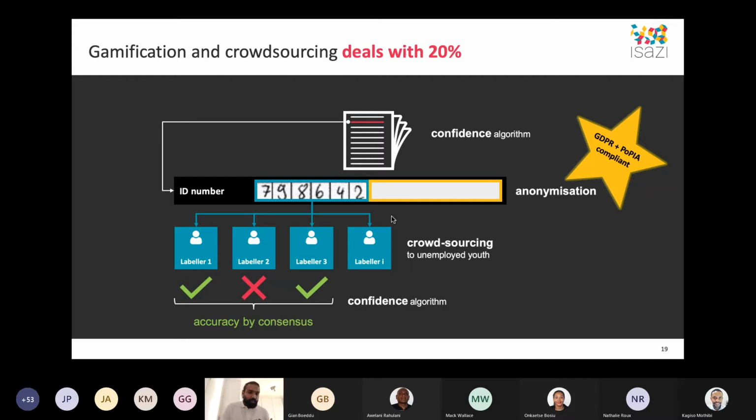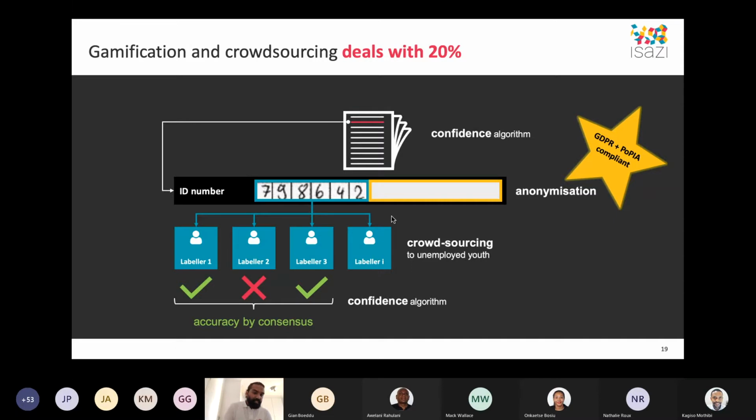So if the original algorithm's confidence was 70% and our first labeler got it right, our algorithm will move from 70% to 80%. And we algorithmically distribute these fields to crowds of people on a game that we've created.